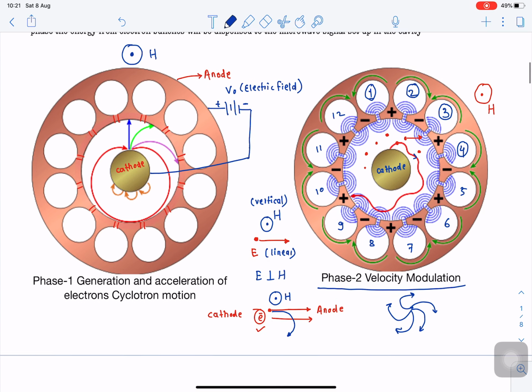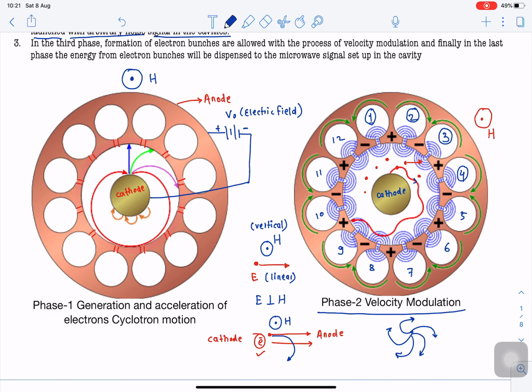So here in the second step, the velocity modulation process will take place. Now in the third stage, the formation of electron bunches will take place. Already the velocity modulation process started in the second stage, and in the third stage we will allow the electrons to form a bunch.